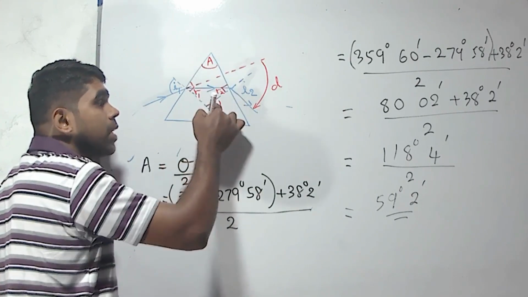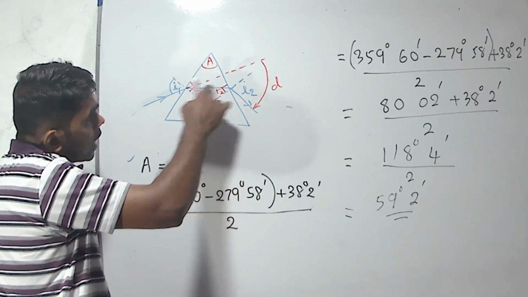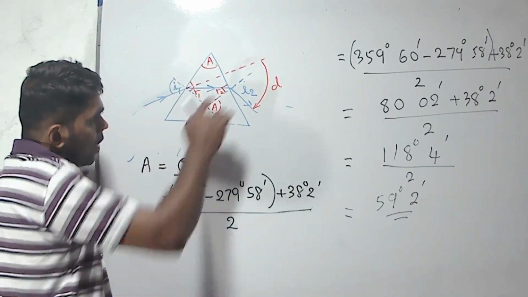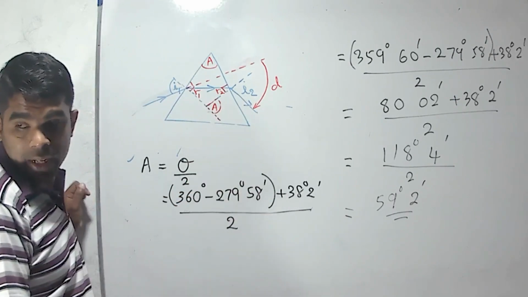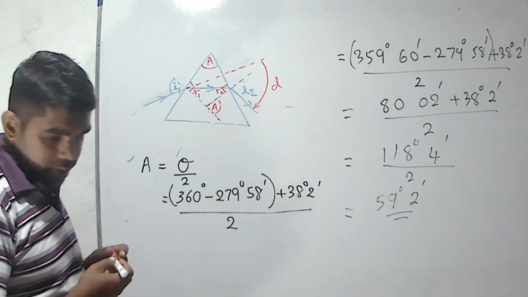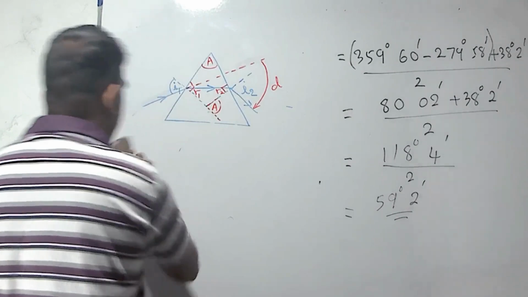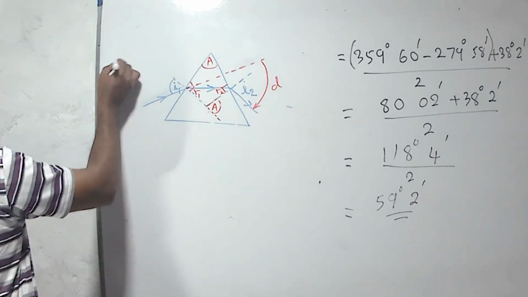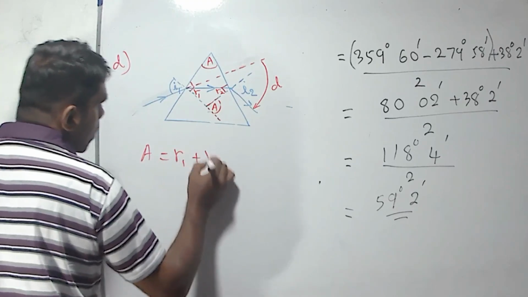This prism angle is equal to this one. Then we can consider this triangle. When considering this triangle, A is the exterior angle of the triangle. It is equal to the sum of interior opposite angles. Then we can write A equals R1 plus R2.